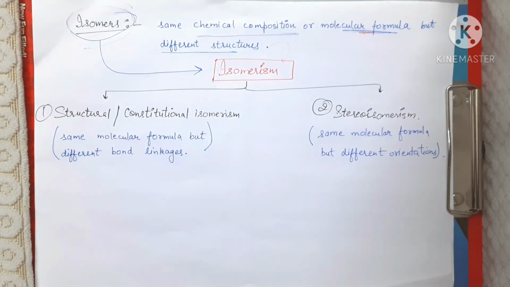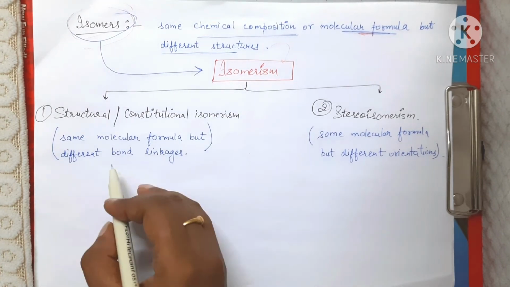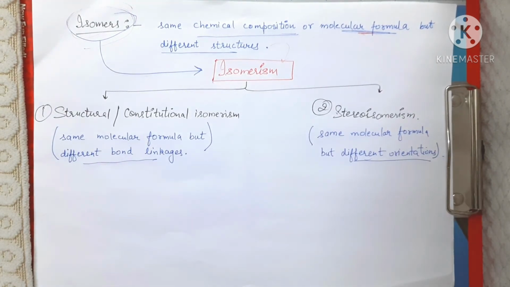So this is the basic difference between structural and stereoisomerism. Here different bond linkages will be there and here different orientations will be there.